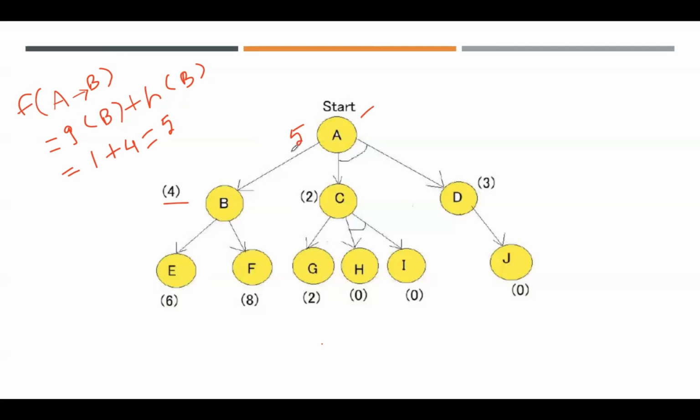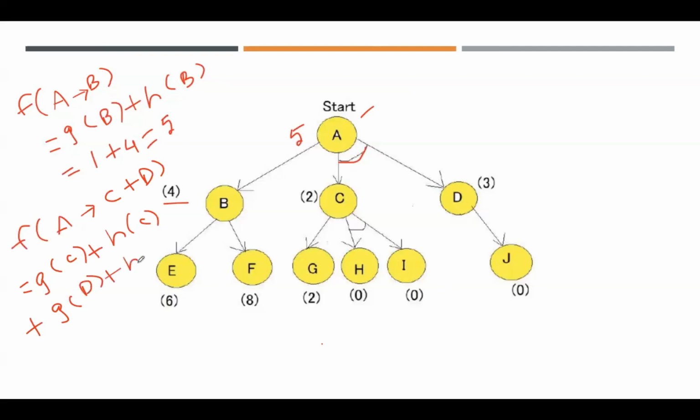Now we need to calculate f of A to C D. Here we are having an AND arc, so we need to calculate the path cost of both C and D. So f of A to C plus D, as we are having AND, can be written as g of C plus h of C plus g of D plus h of D. What is g of C?